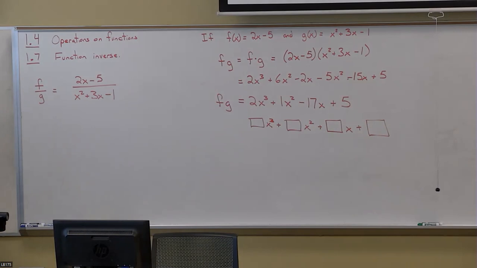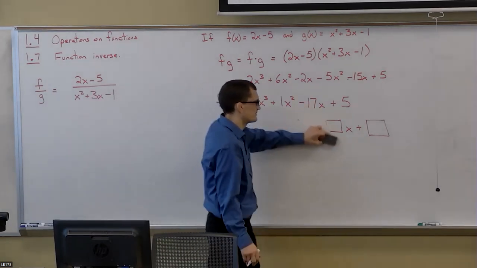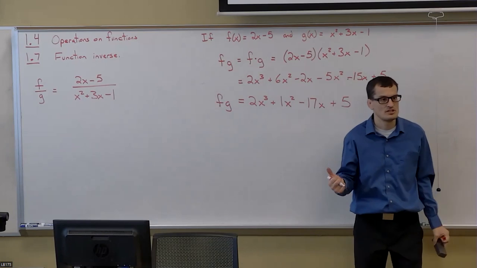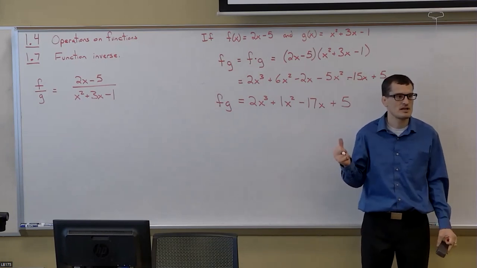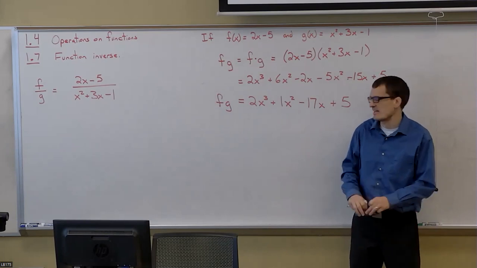Now it's not going to be able to be simplified, so we'll just leave it as is. And in any of these, if you wanted to plug in numbers, just plug in numbers.